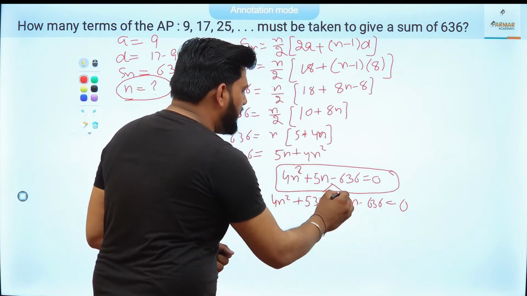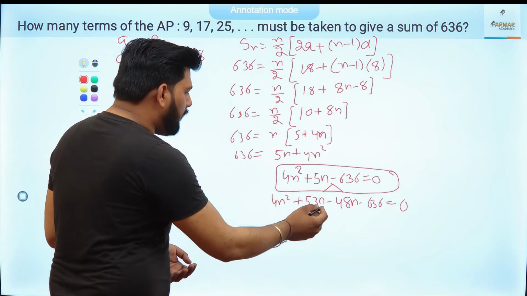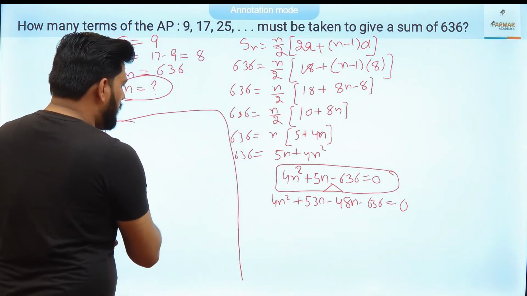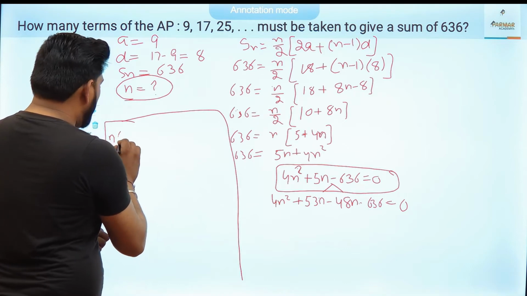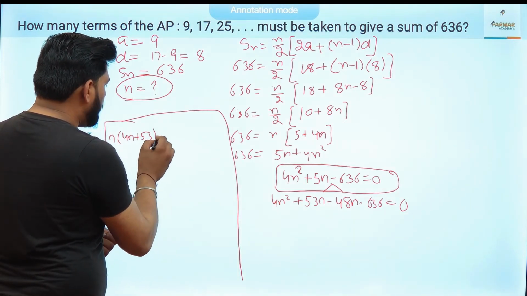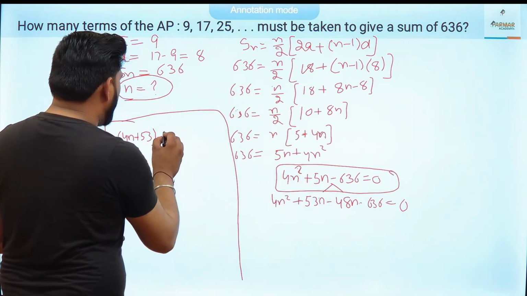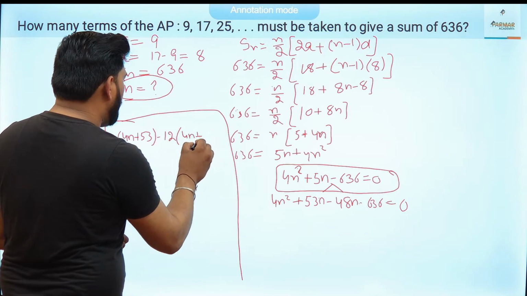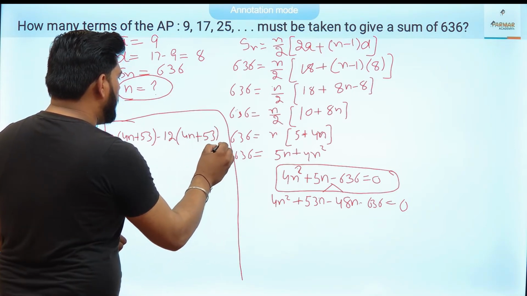The middle term splits into two parts. Now from the first two terms n gets common, that is 4n plus 53, and from the last two terms minus 12 gets common, again that is 4n plus 53, is equal to 0.